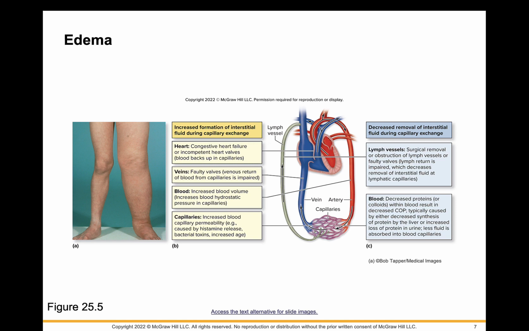If we look at the opposite, which is the decreased removal of interstitial fluid taking place during capillary exchange, let's think about lymph vessels. There could be the surgical removal or an obstruction of a lymph vessel or a faulty valve. Remember, we do have valves in our lymphatic vessels, and this is going to impair the return of lymph. And this is going to decrease the amount of interstitial fluid that's making its way back into circulation.